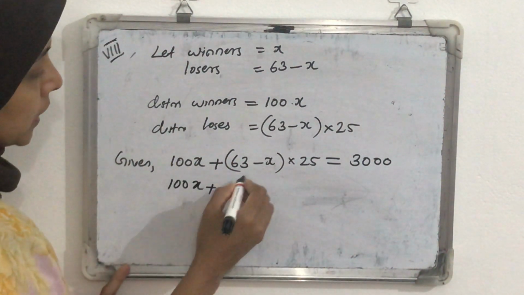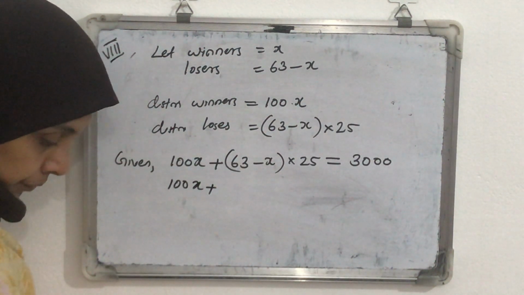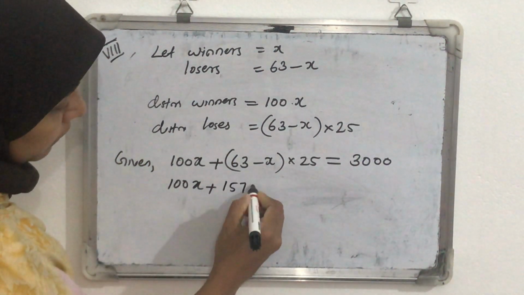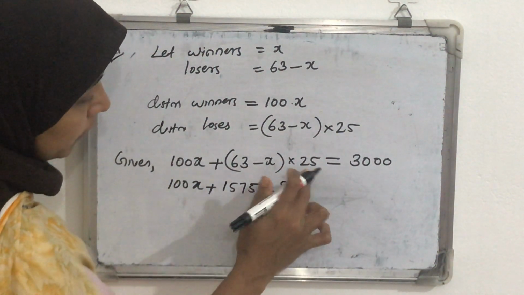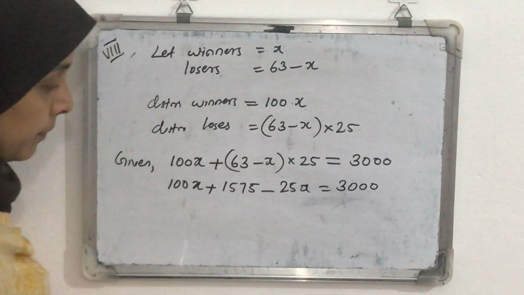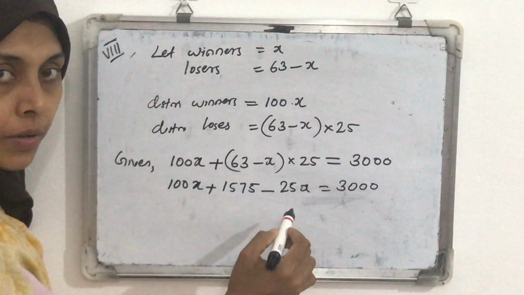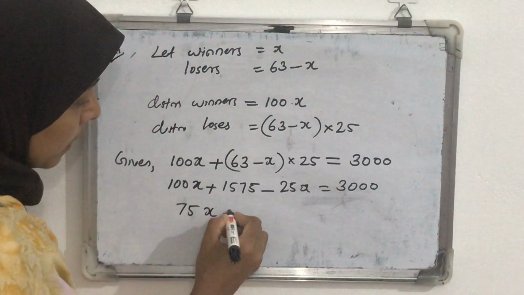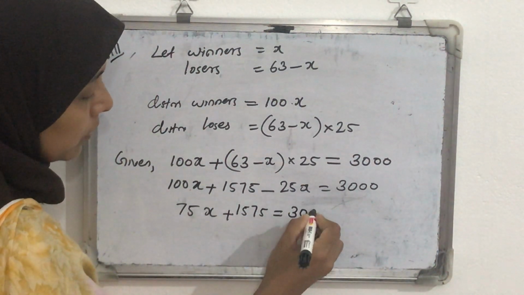100x plus 63 into 25 by multiplication, we will get 1575 minus 25x, that is 25 multiplied with x, equal to 3000. Again we can simplify the like terms. 100x minus 25x is 75x, plus 1575 equals 3000.